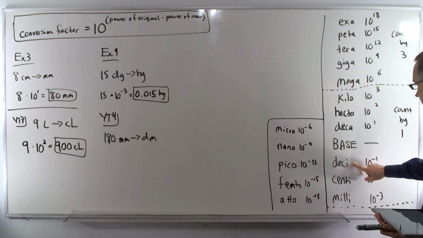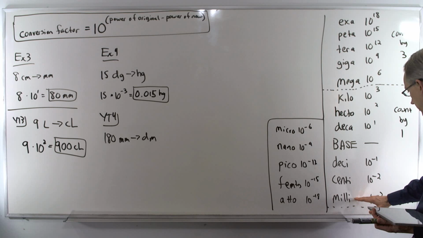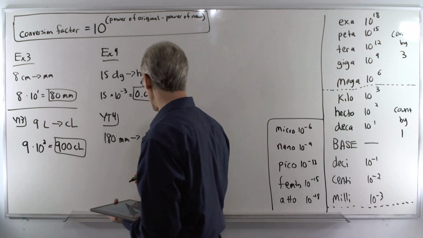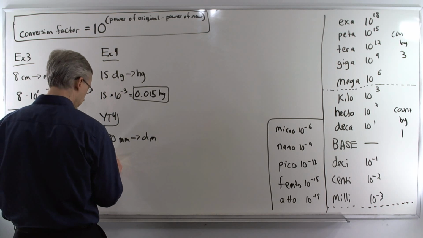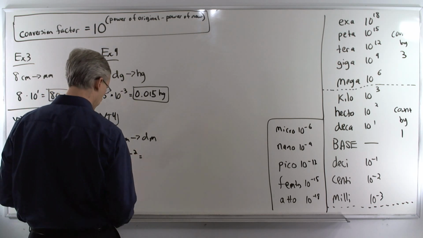Don't confuse deci with deca. They're fairly close to each other. We're going to move up 2. It's in the up direction, so that is a negative exponent. So we'll do 180 times 10 to the negative 2 power.